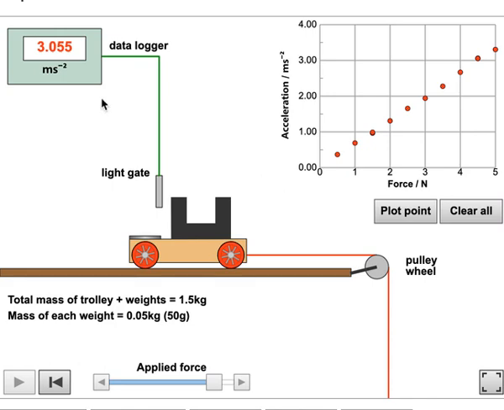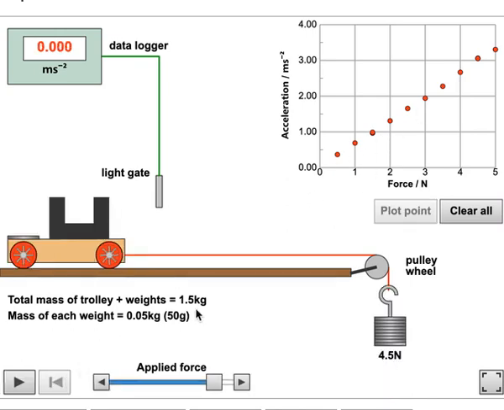Okay, so talking about different things of this experiment, the resolution here is 3 decimal places, so it's quite a high resolution. To make it more accurate, what we might do, like I said, is repeat the results there.